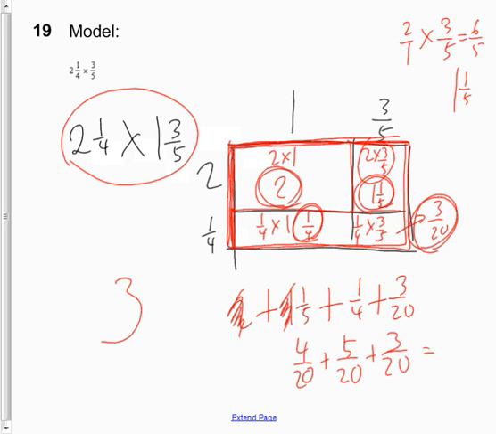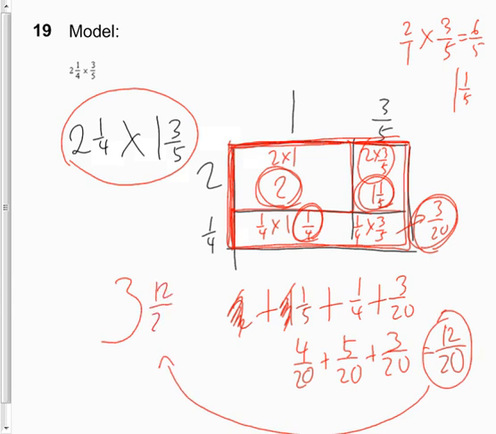Now that I have common denominators, add my numerators. 4 plus 5 plus 3 is 12. So if I take this and bring it over to my 3, an acceptable answer is 3 and 12/20. That is the correct answer. However, in lowest terms, both are divisible by 4, which means my final answer should be 3 and 3/5.